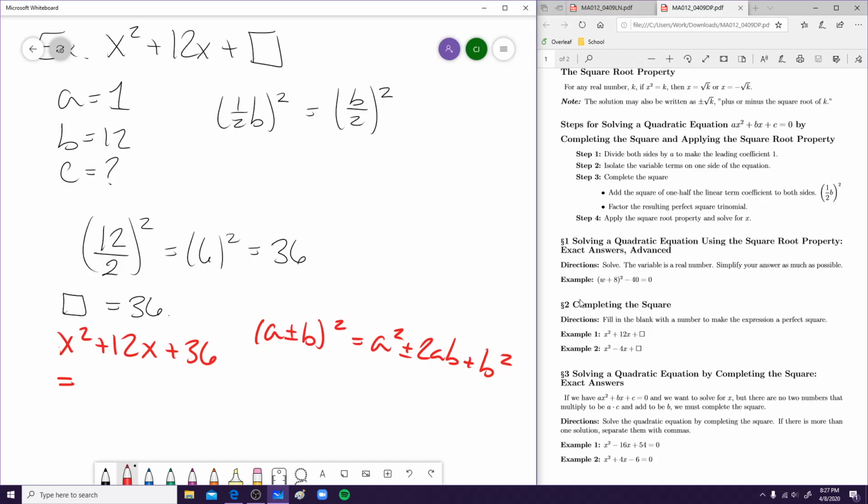Now in the middle, we want to check 2ab, which is 2 times x times 6, which is 12x. So this works as well. Because it satisfies the formula, we know that this is x plus 6 quantity squared. This is how we know that we completed the square correctly, because we were able to factor it into a perfect square.